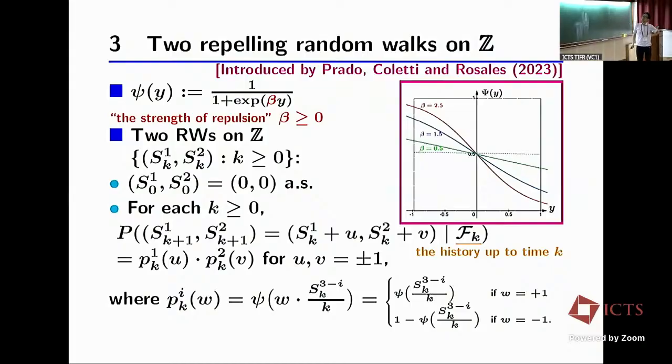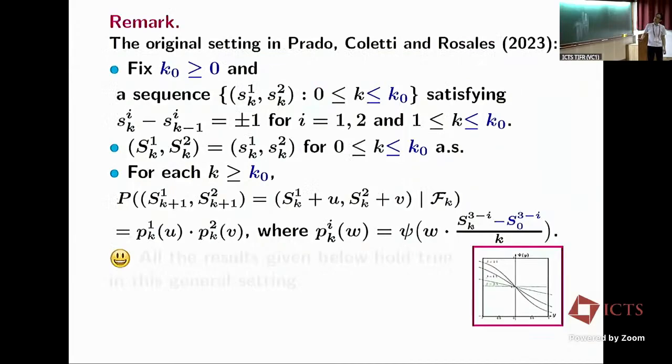And actually, in their original setting it is more complicated. We can generalize the first K0 steps. We can give arbitrary steps, and then with a slight modification of the transition function, we define the model similarly.